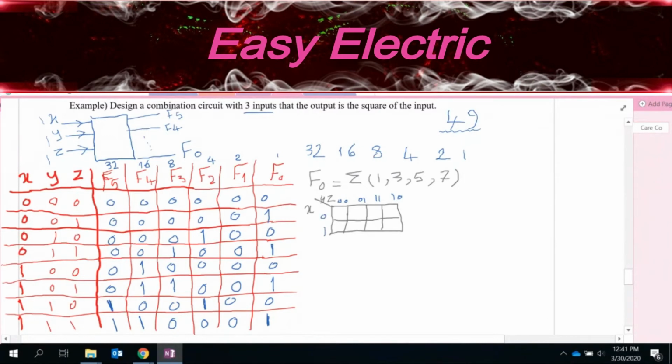It should be just 0, 1. So if you do that, it should be 0, 1, 3, 2, and then 4, 5, 7, 6. Okay, 4, 5, 7, 6. Then you use the other color.